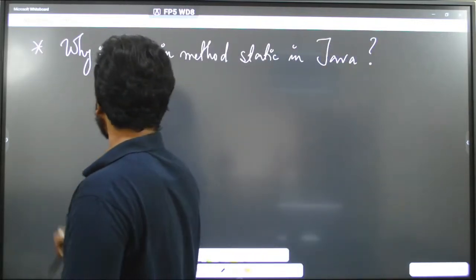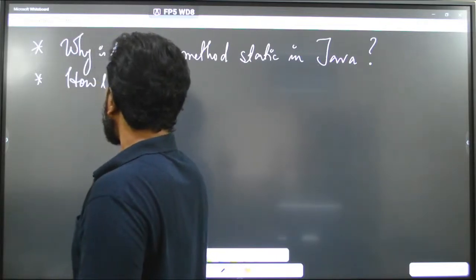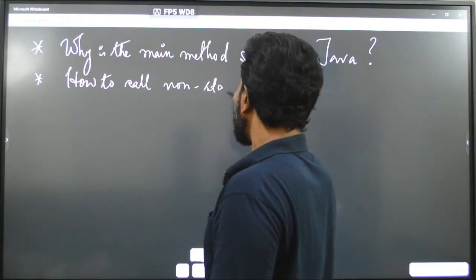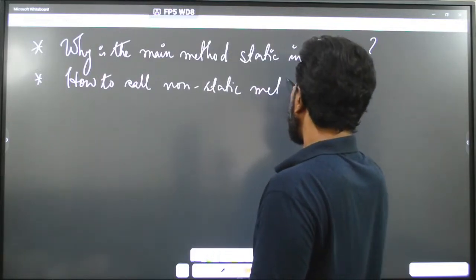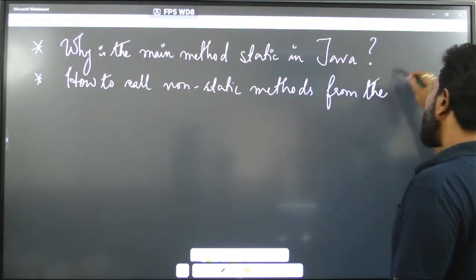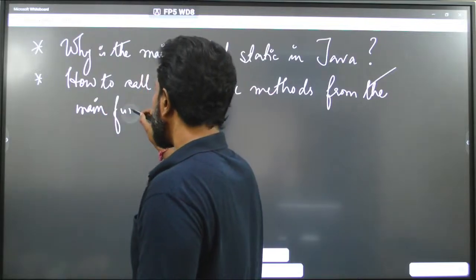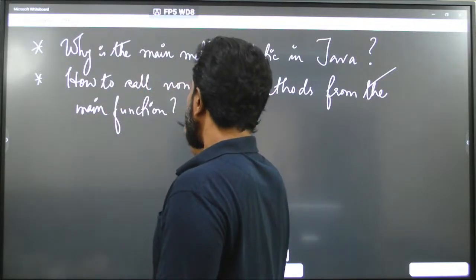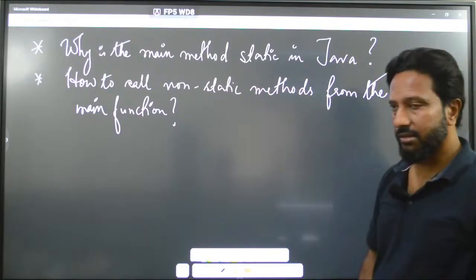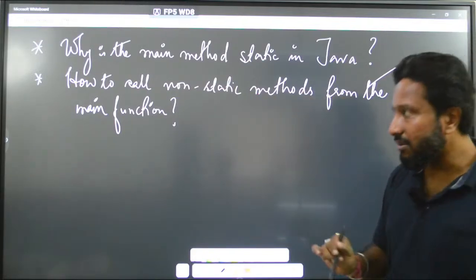Why is the main method static in Java? How to call non-static methods from the main function or the main method, you can say.